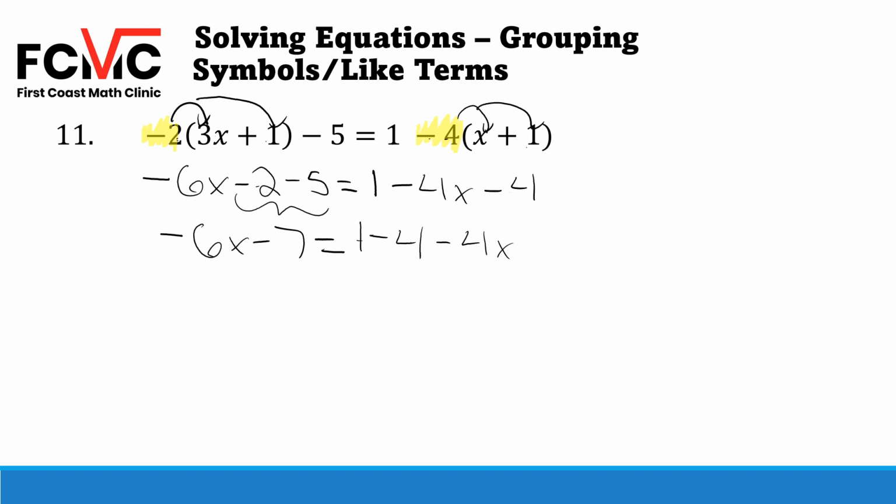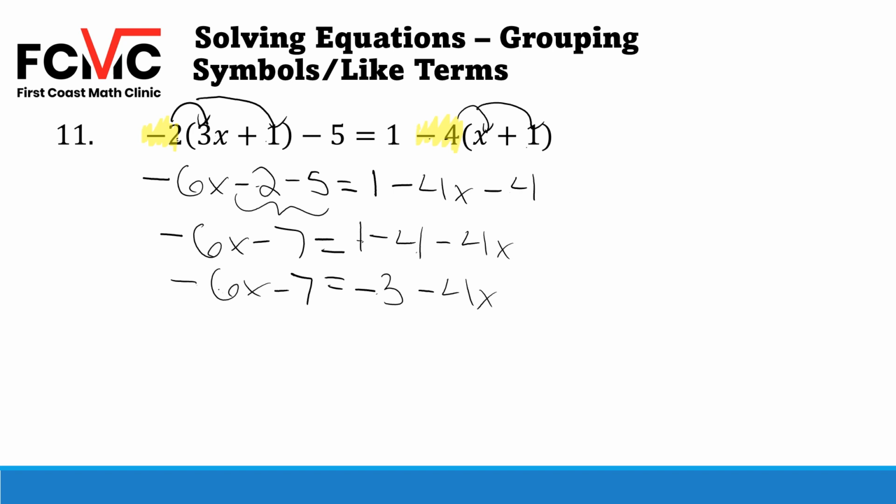So 1 minus 4 is negative 3. So we get negative 6x minus 7 equals negative 3 minus 4x. Now let's combine our like terms.